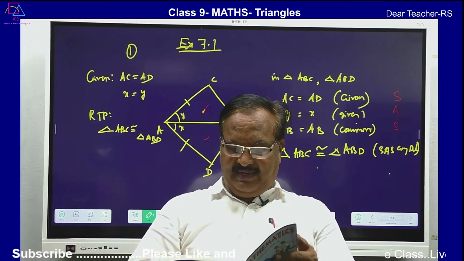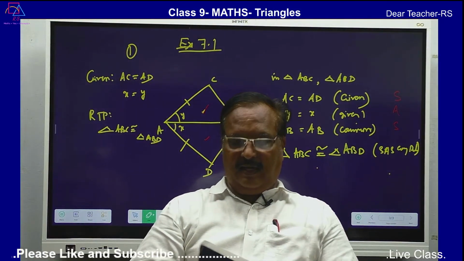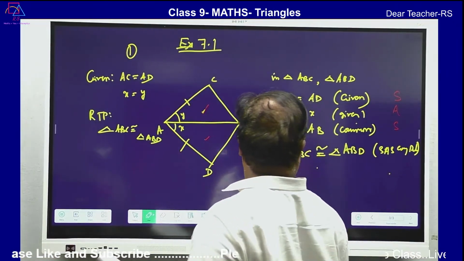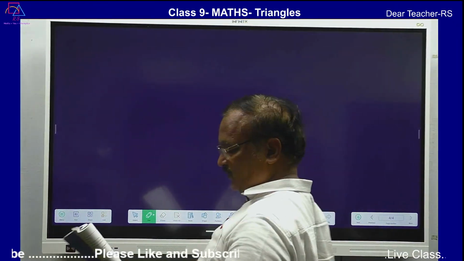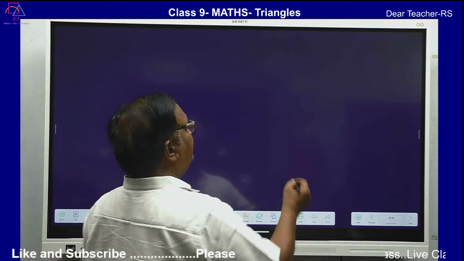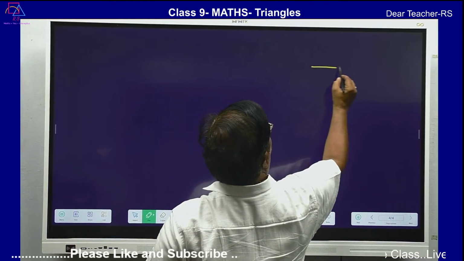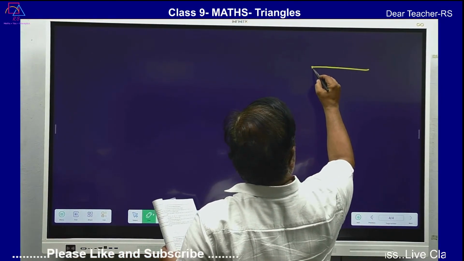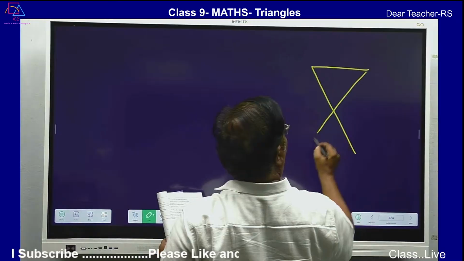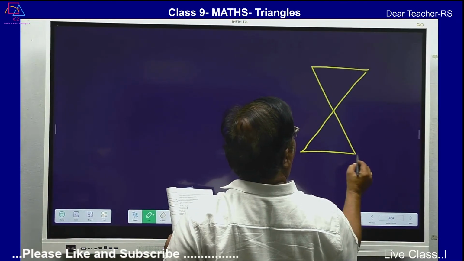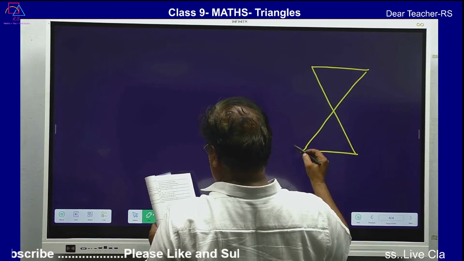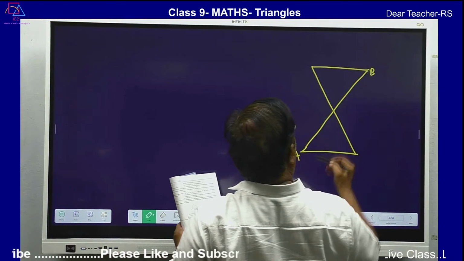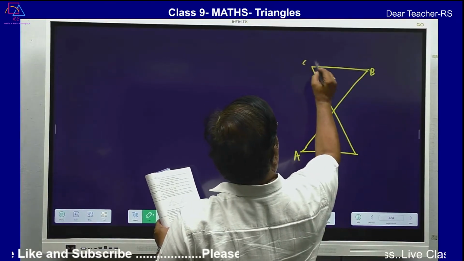I will take a question and then one more question based on this rule. Okay, so I will draw the figure here. A very common question. AB is one line and CD is one more line.